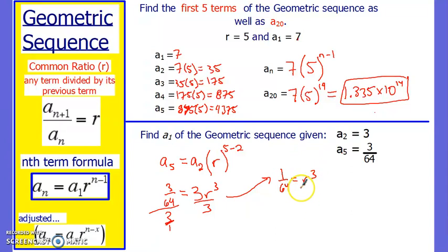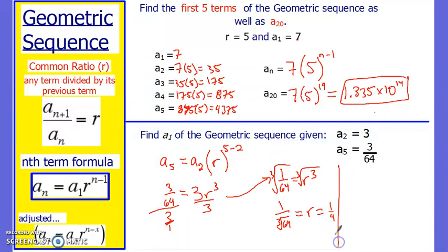And to get rid of a third power, we take a third root. So the third root of 1/64, third root of 1 is 1, and the third root of 64 is 4, so r is 1/4. So now we have our ratio.